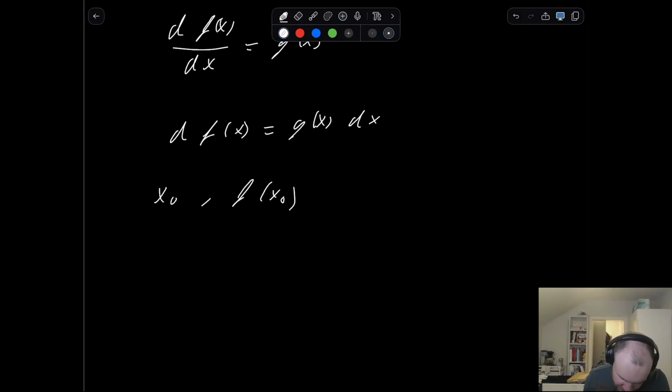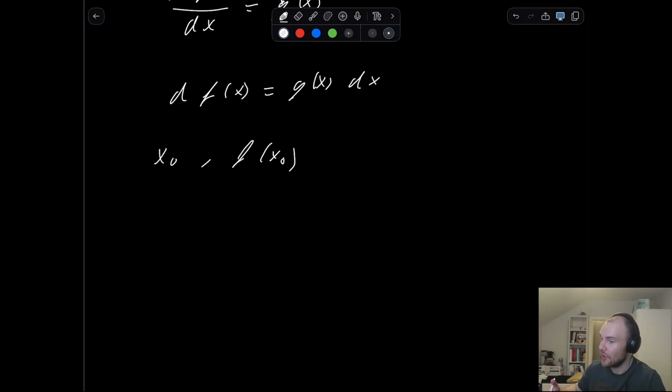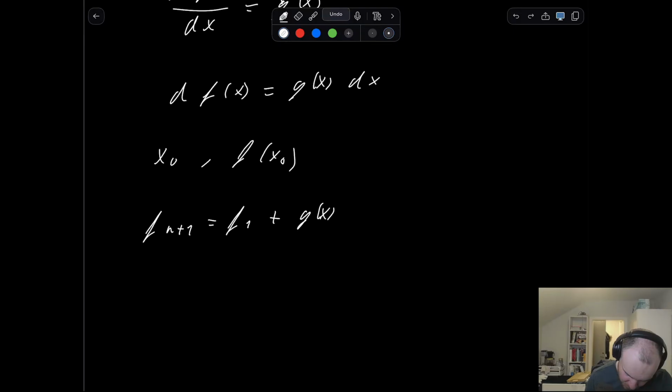From x0, all I need to do is go a little step, and so on. This means we can write that f of n plus 1, the next value, is just the value we are at now, plus g of x and some small delta x. That's a nice modeling of that.